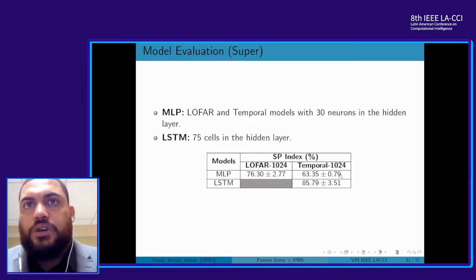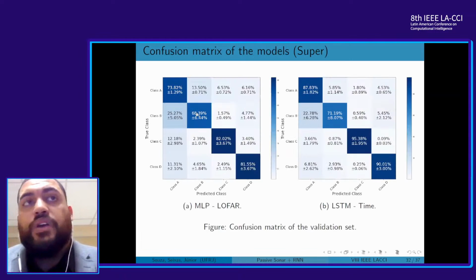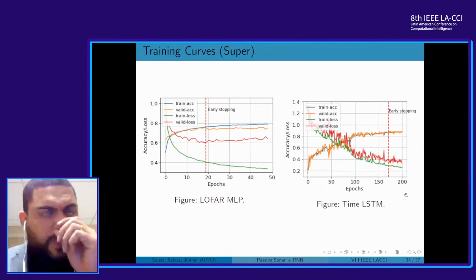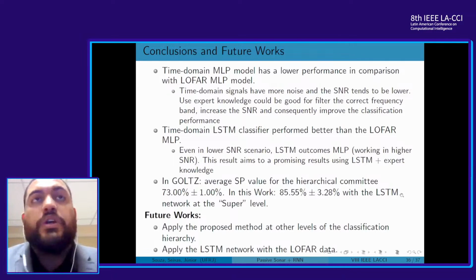We have this difference in SP index that is very good. And we also have here this confusion matrix. Each model that we trained has the main diagonal in a good way. I will not spend much time here.